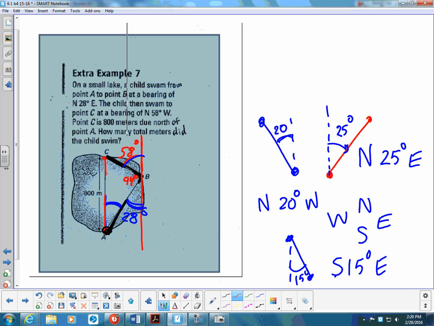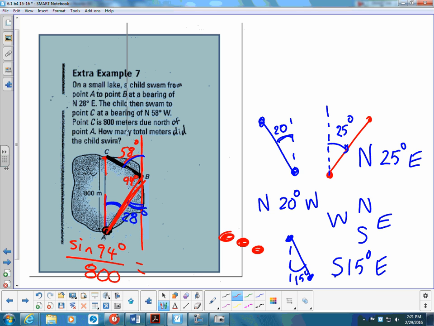I'm going to just put a dot, dot, dot on this problem. I expect you to finish this one up. You're going to have to use law of sines now to find this side, right? You're going to have to say sine of 94 degrees over 800 equals, oh, wait a second.